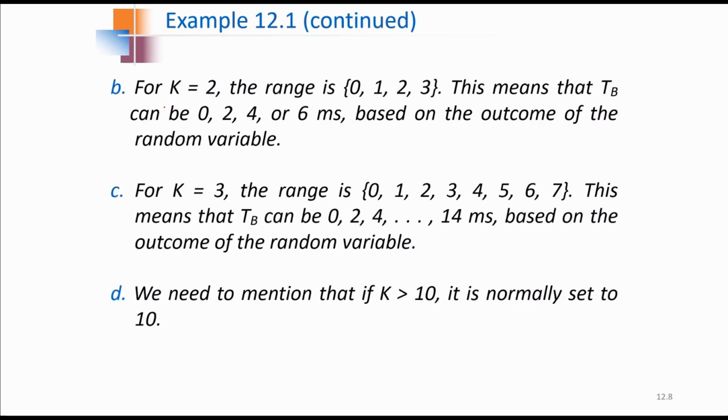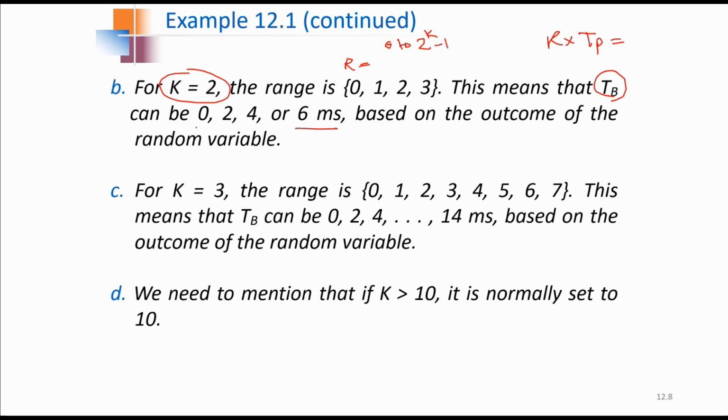Next, if K equals 2, the range will be 0 to 2 to the power K minus 1, so between 0 and 3. Then TB will be R multiplied by TP: 0 multiplied by 2, 1 multiplied by 2, 2 multiplied by 2, 3 multiplied by 2.